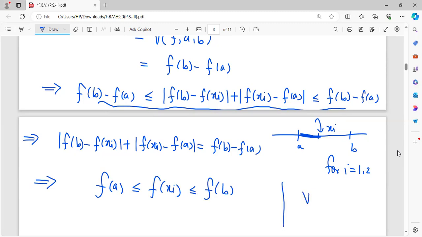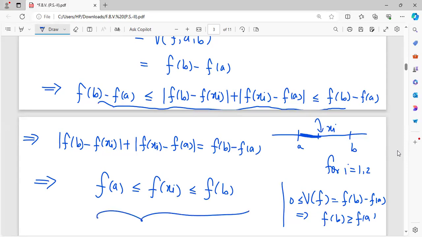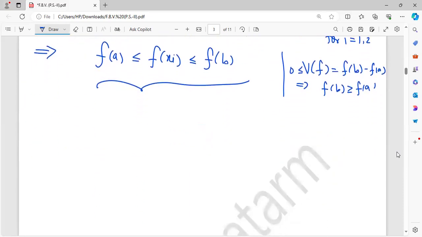Because the variation is f(b) minus f(a) and variation is always non-negative. So this implies f(b) is greater than f(a). So f(x_i) will lie somewhere in between, for i equal to 1 to 2.